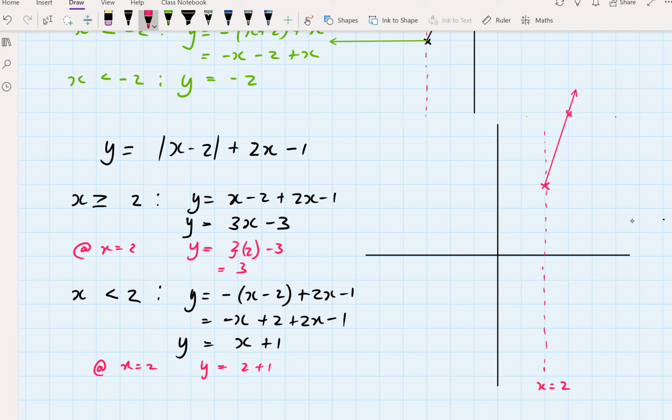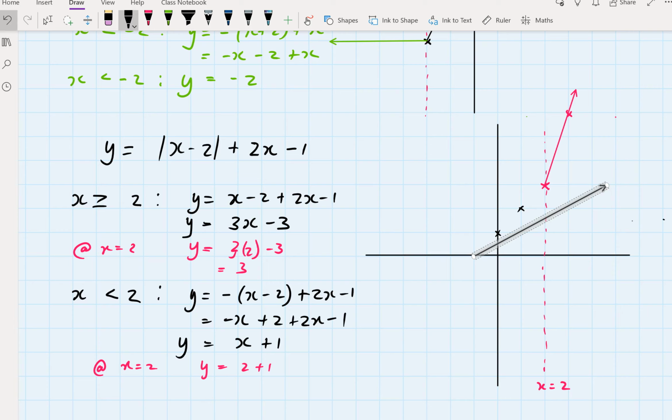When x is less than 2, I've got this line, y is equal to x plus 1. So that's going to be the line. It's got a gradient of 1. So in other words, go 1 across, 1 down, 1 across, 1 down. Yep, so that's going to fit through there and there. So I've got enough points now to be able to get an idea of where my line's going to run.